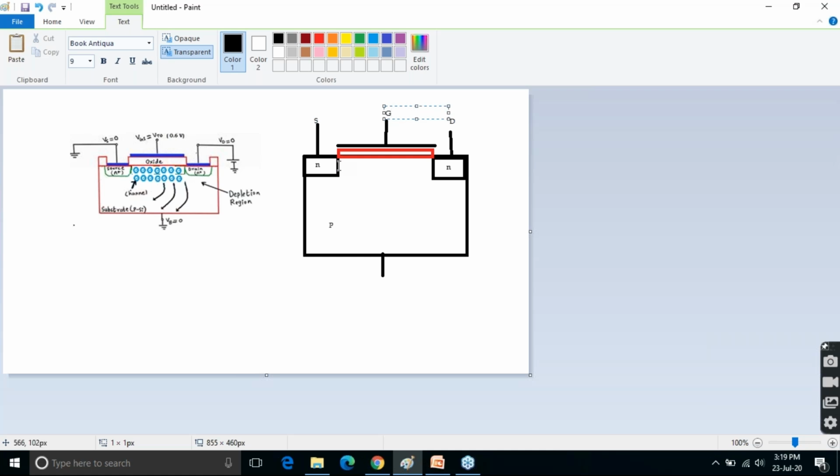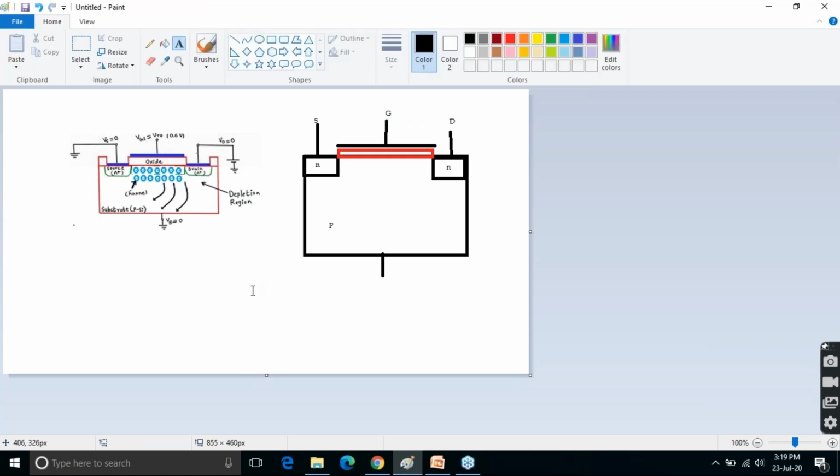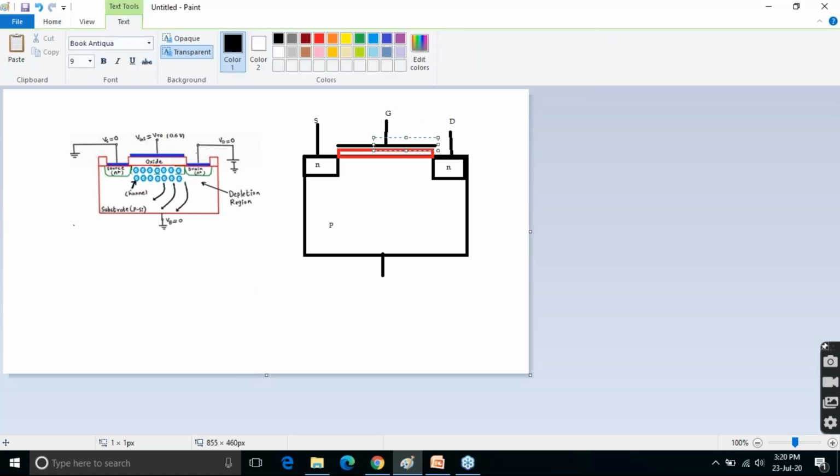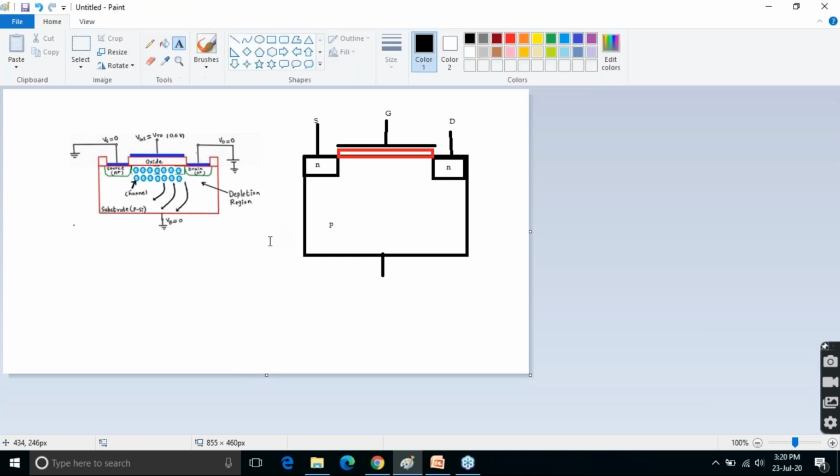It is very difficult to draw here; if the board was there, I could have done it in a better way, but this is just for your understanding. So now there is a formation of a parallel plate capacitor. One plate is acting as the gate and the second is the substrate.